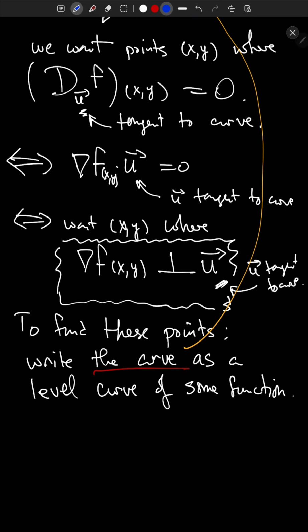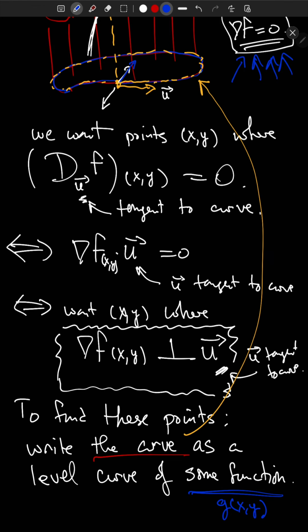Generally, if we're working with the function f, I'm going to call this function g. As usual, it's going to be a two-variable function, because we need this curve to be a level curve of it, so it has to have the same domain as f. And f takes two variables, so g should take two variables.